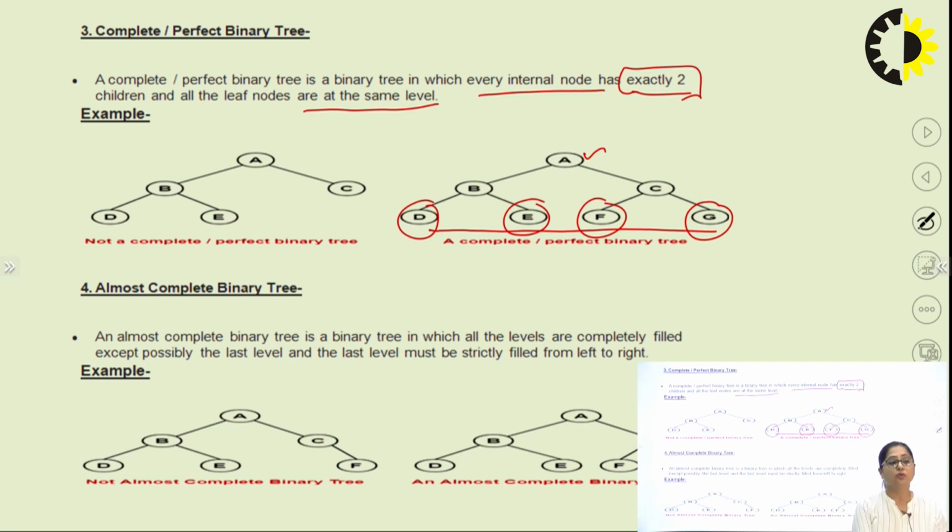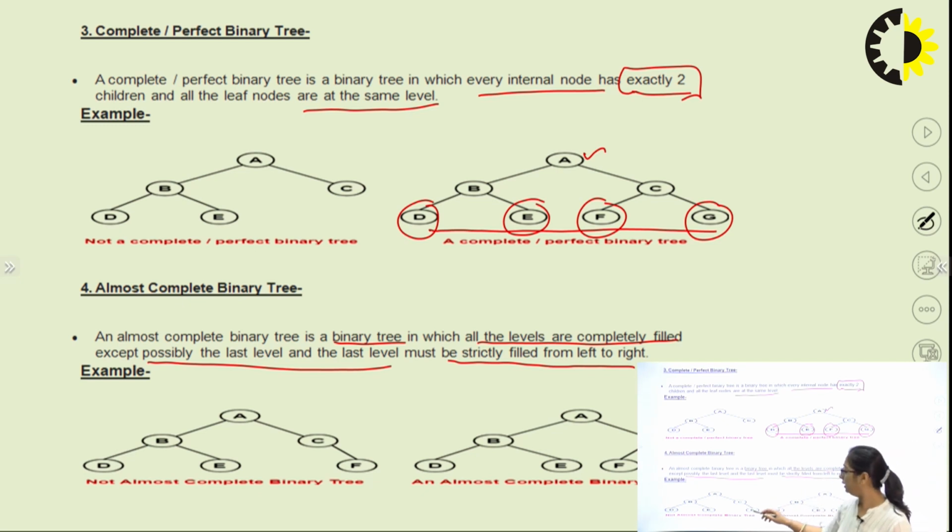So what is the almost complete binary tree? An almost complete binary tree is a tree in which the last internal node at the last level can have 1 child. But this node cannot have 1 child. It must be drawn from left to right. So an almost complete binary tree is a binary tree in which all levels are completely filled except possibly the last level, which must be strictly filled from left to right.